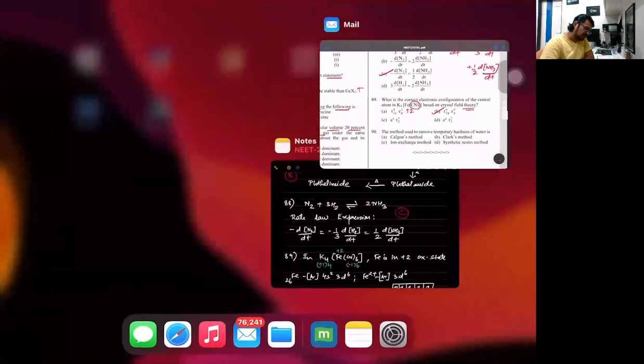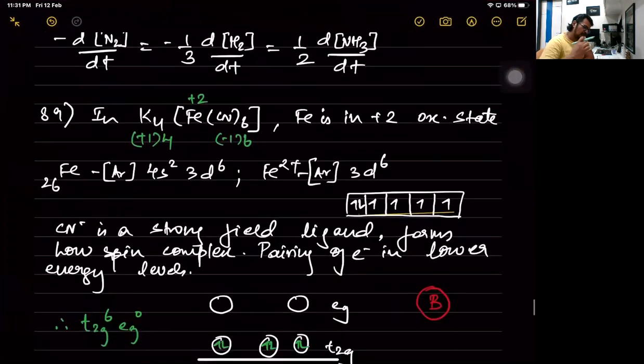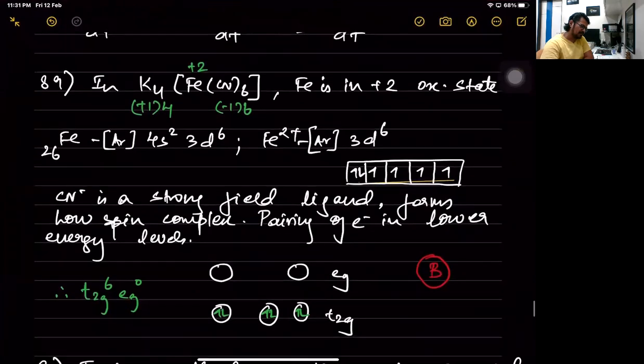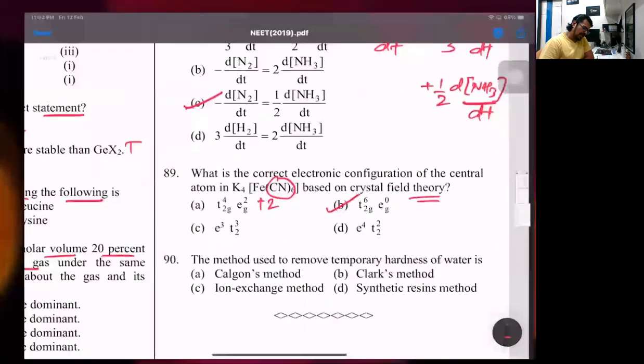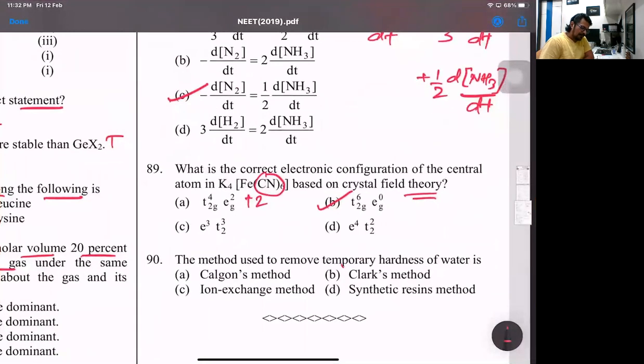That's how the pairing is. t2g is the low energy level and eg is the high energy level. Lower are dxy, dyz, and dxz. And dx2-y2 and dz2 are of high energy level. Okay, so that's 89 B.